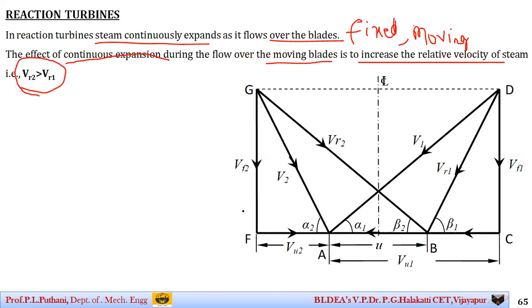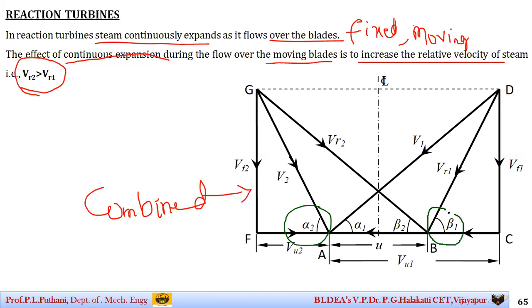Also, if you observe this combined velocity triangle in the picture, reaction turbines have some features. Alpha 2 is equal to beta 1, that is, V2 is equal to VR1.